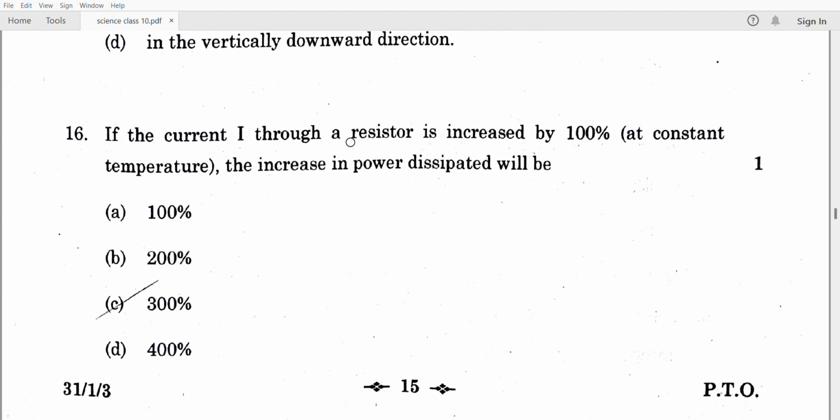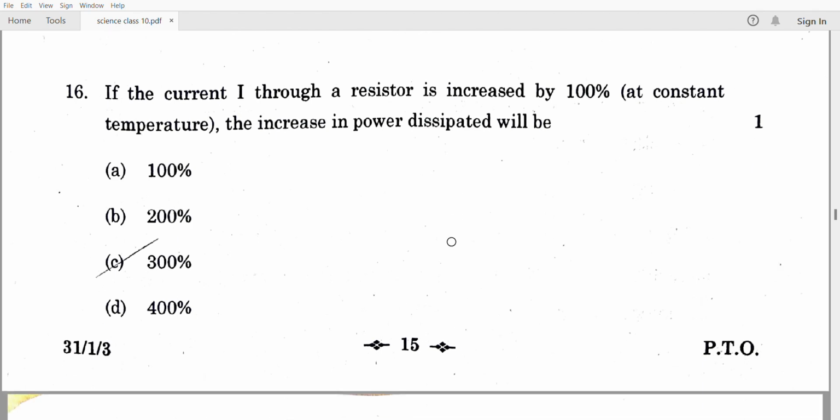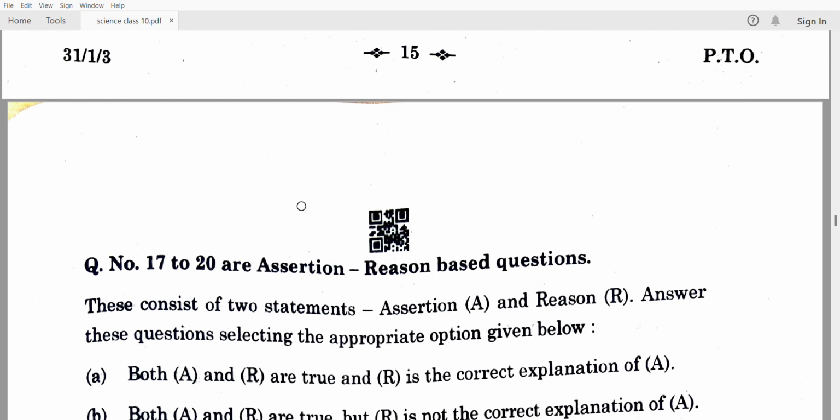As we know, the formula is H equal to VIT. If we increase the current, that depends. I'll send you the answer in the comment box for this.